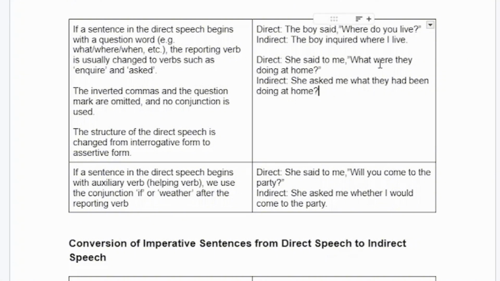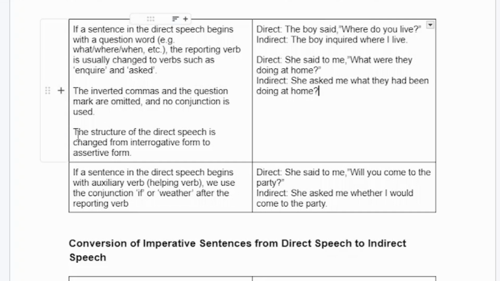And we are using "they". We change the structure of this sentence. Why do we change the structure of this sentence? Okay, we will learn. Because this sentence was in past, and in this sentence we change into past perfect continuous, had been doing at home.